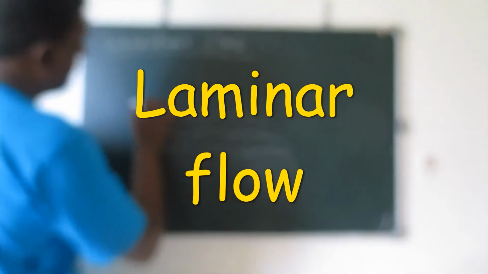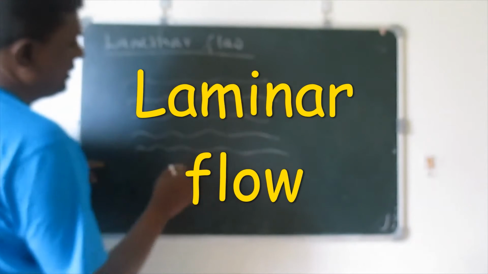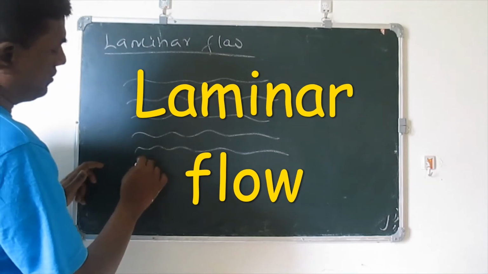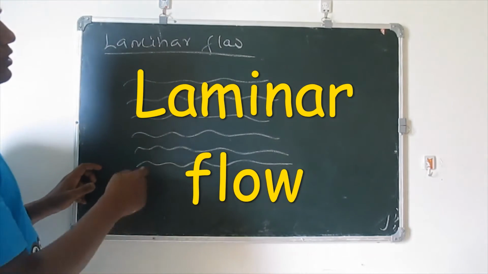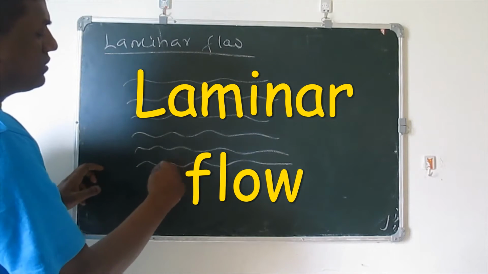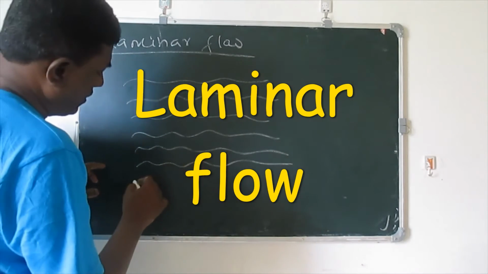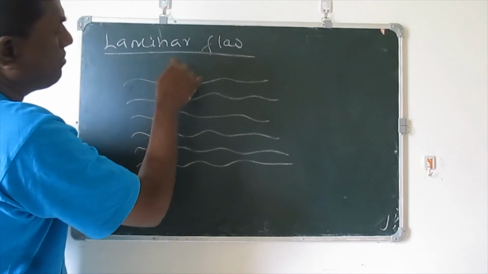This flow will be taking place layer by layer. So one layer will not interact with another layer. It takes place in smooth layers and will not interact with another layer. So this type of flow we can call laminar flow.